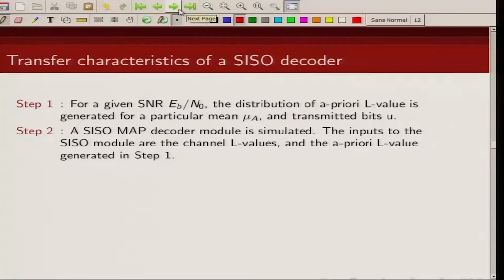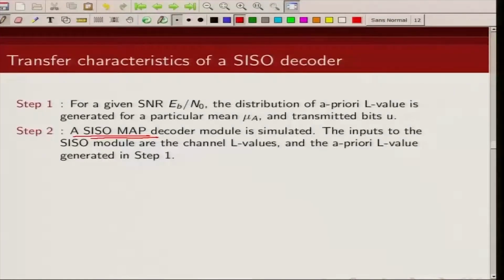So, the next step is we simulate a soft input soft output decoder. We feed in two inputs: one is the channel received SNR, the other is the a priori information, which we modeled as Gaussian.